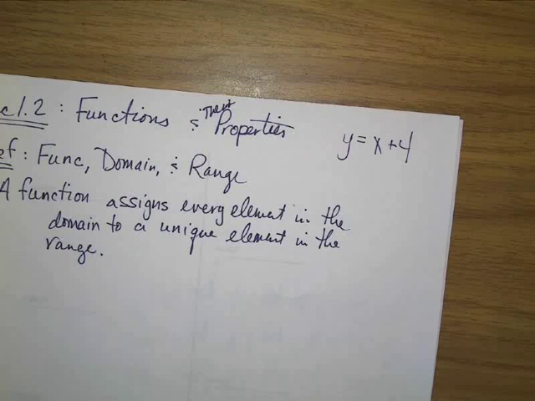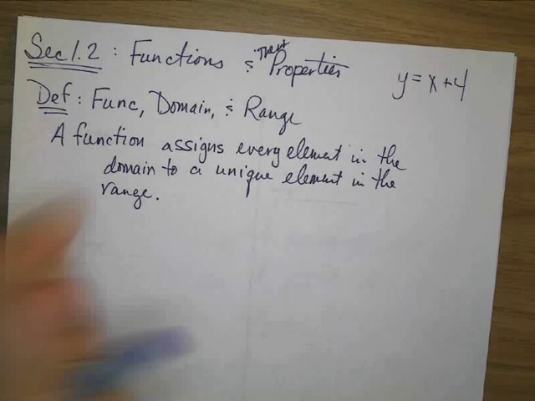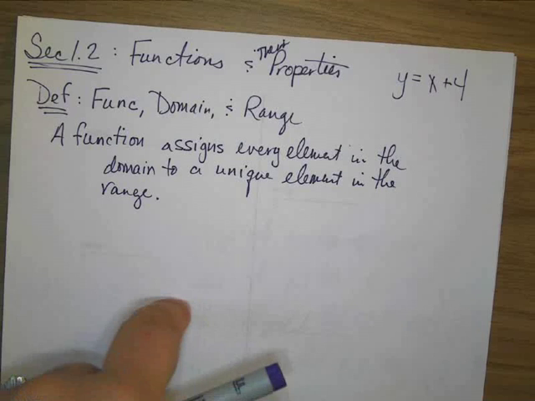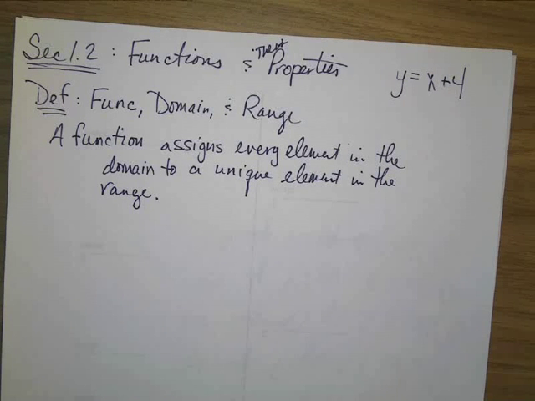If I pick 1 again, what number do I get out? If I pick 1 500 times, how many times am I going to get 5 out? All 500 times, right? So that's what this is saying, is it takes any x value you can pick. If you put it in there, you're going to get a unique answer out every single time. Okay? That's what that is saying.